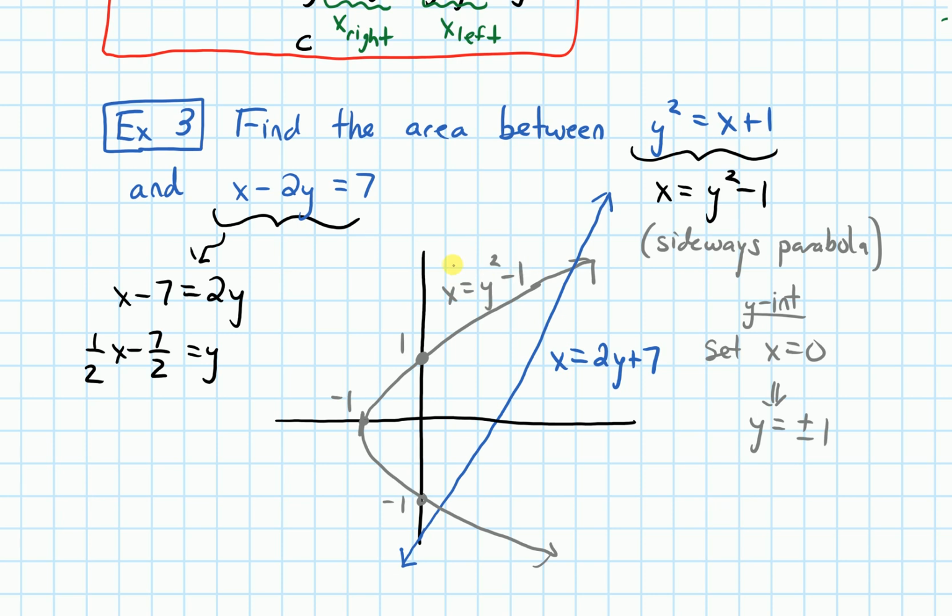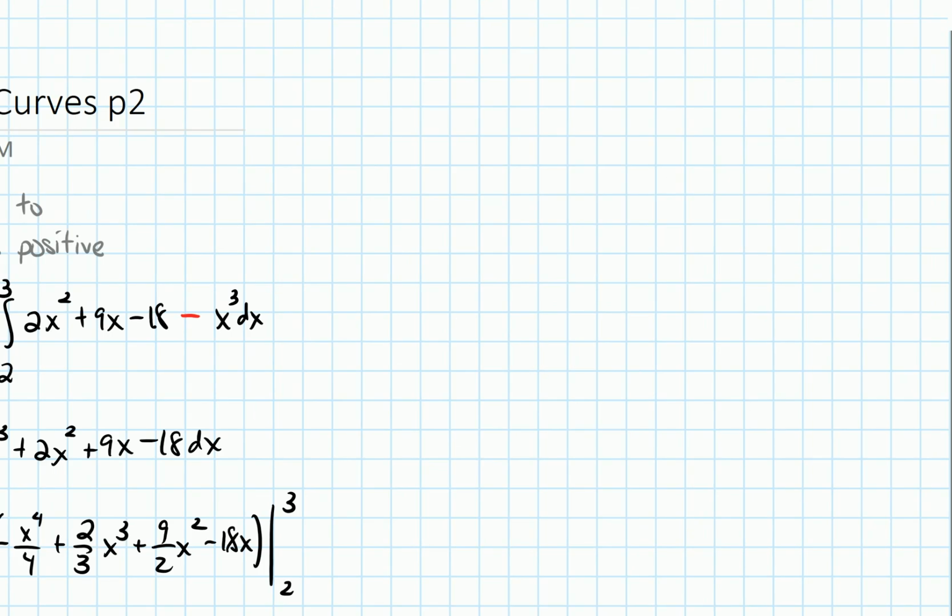And that's the left function. Okay, so what we need to know still is what are the intersection points. I need to know these intersection points, that one and this one, so I can figure out the interval, my limits of integration. All right, so let's find those intersection points.